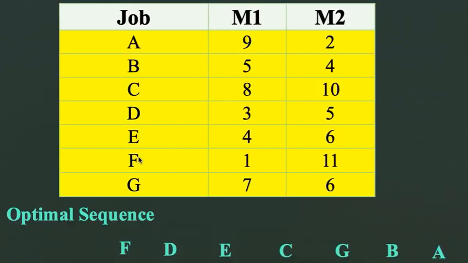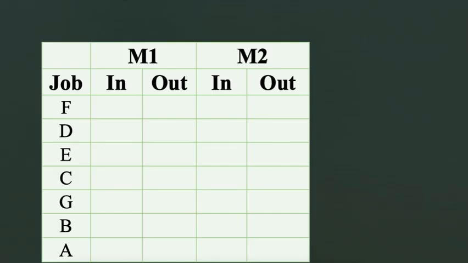So at time instant 0, its processing will start on M1, and it will be over by time instant 1, because it requires 1 hour of time.